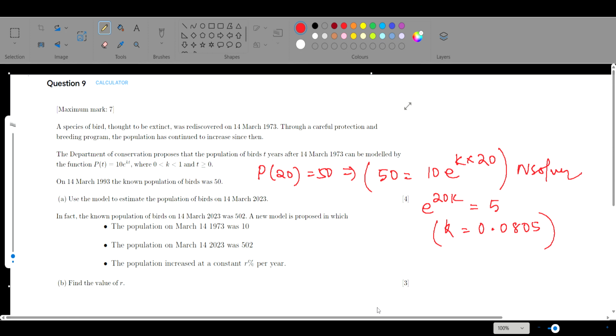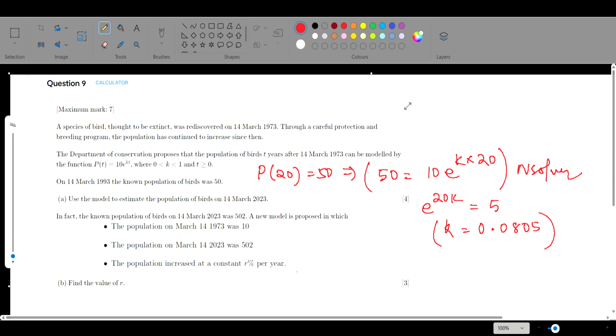So we have the population after 50 years that we need to find on March 2023, that is P(50). Yeah, that's right.